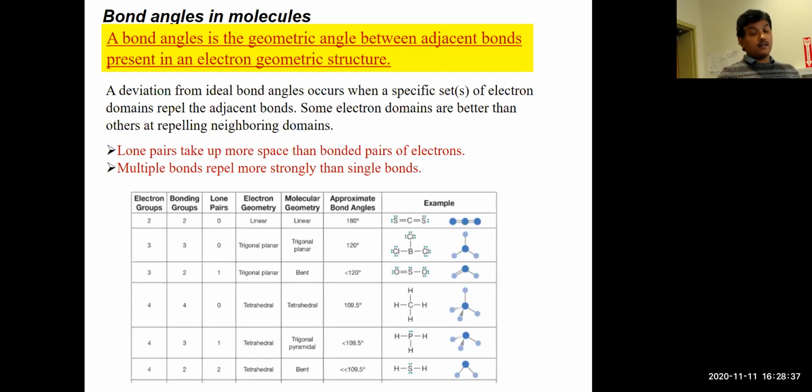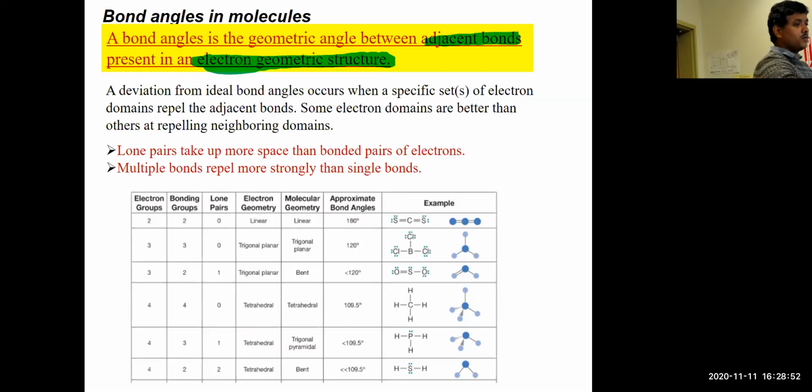It gets confusing here, right? But this is the most important information. You're going to refer to the electron geometric structure. Even me saying adjacent bonds is kind of misleading, but it's the most popular way to say it.